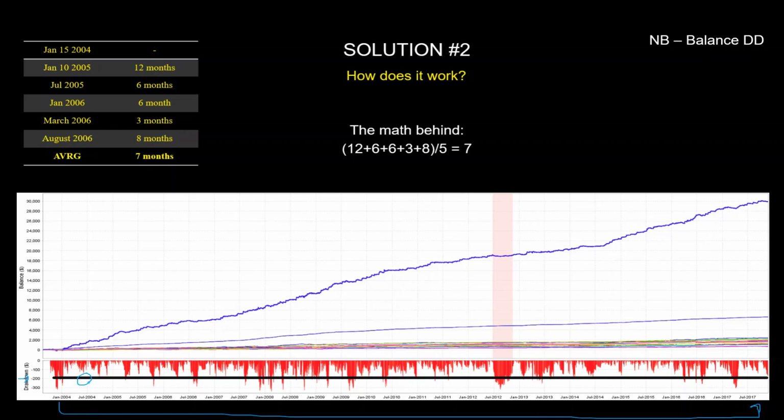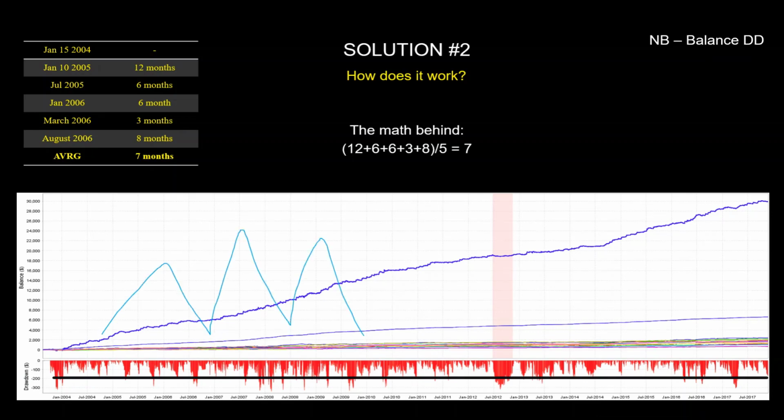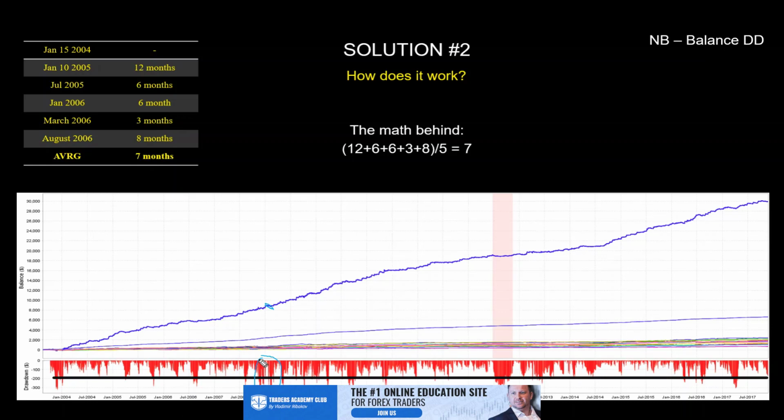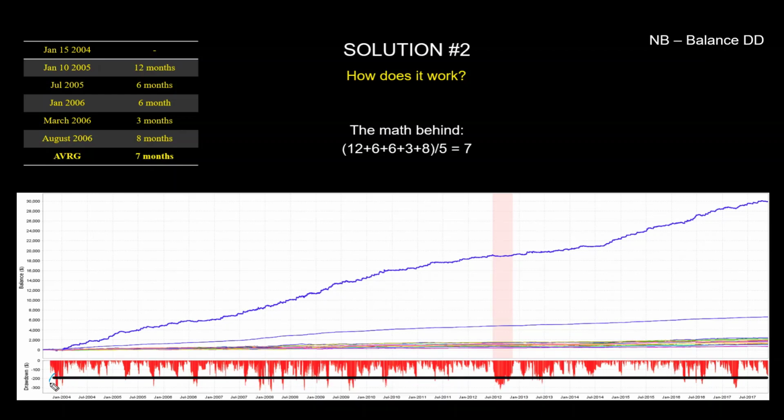The drawdown is not visible like this, but inside these tiny moves you can see that we had the drawdown, and this is what we're doing now. Pay attention, guys. We take every time the drawdown moved below the average point, and then it moved back up.